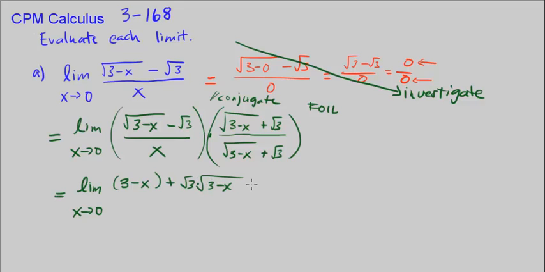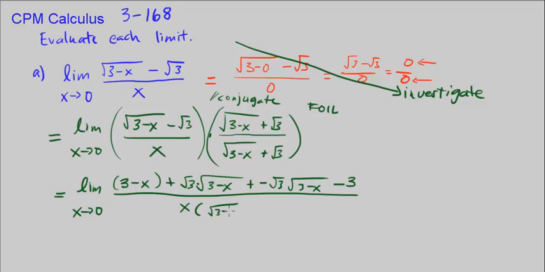The inside term is negative square root of 3 times square root of 3 minus x. The last term is negative, because we're multiplying a minus and a positive, and they're both the same in the square root, so we take it out. That's all over x times the quantity square root of 3 minus x plus square root of 3.